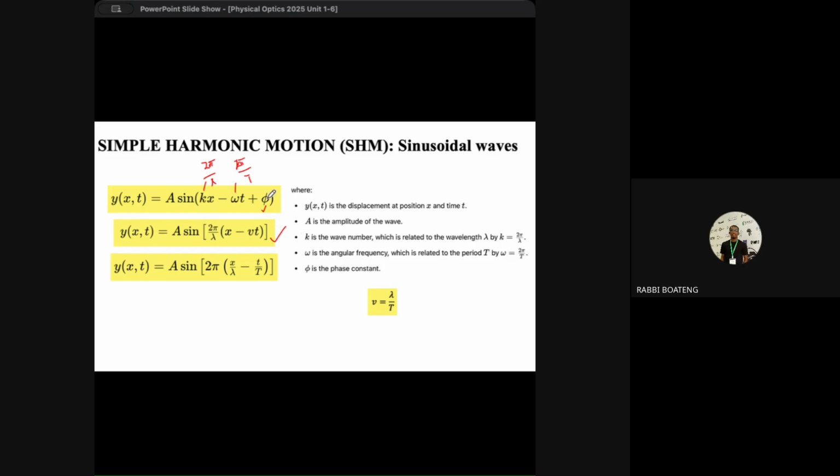Okay, so we are trying to confirm if you get exactly what we have here. So we are substituting the wave number and the angular frequency in the equation to see what we will get.